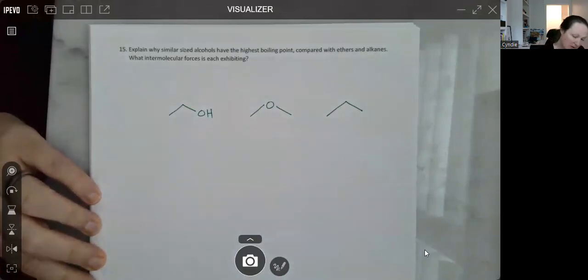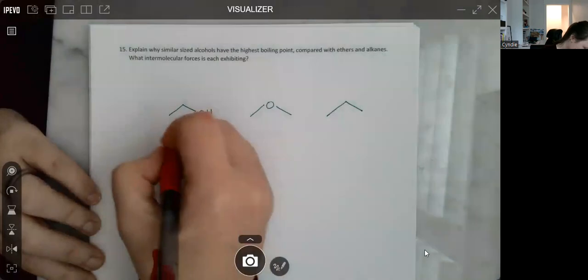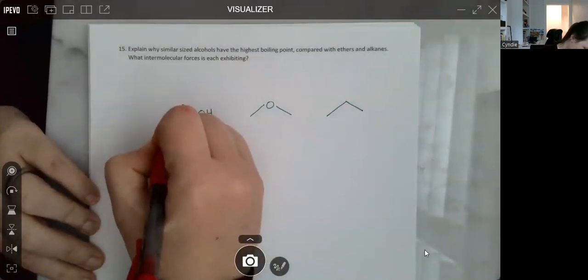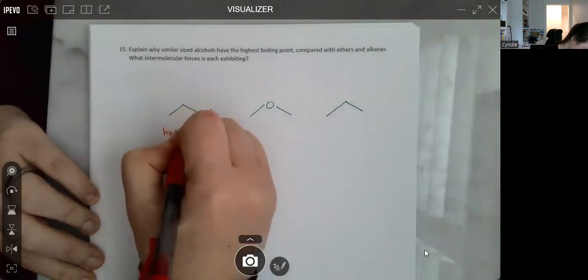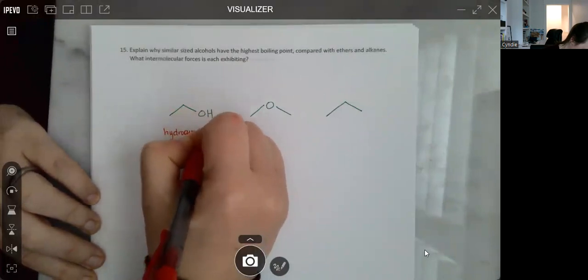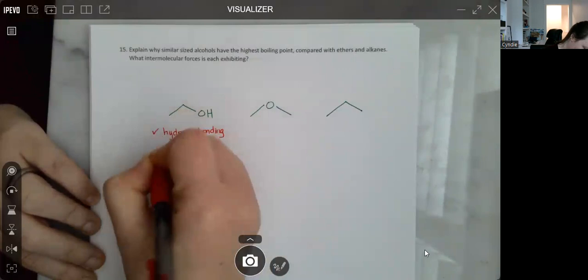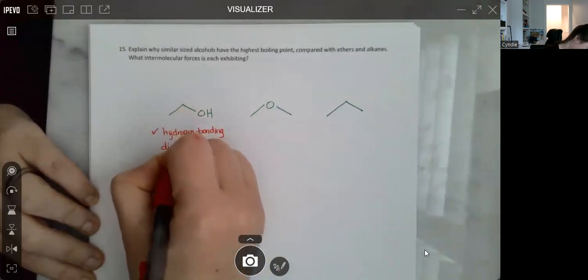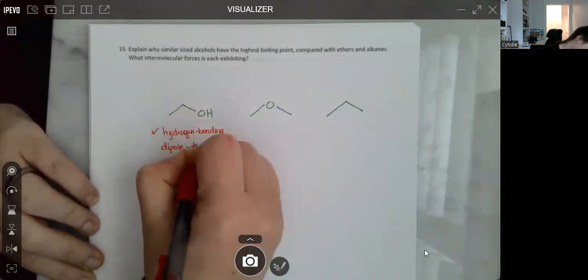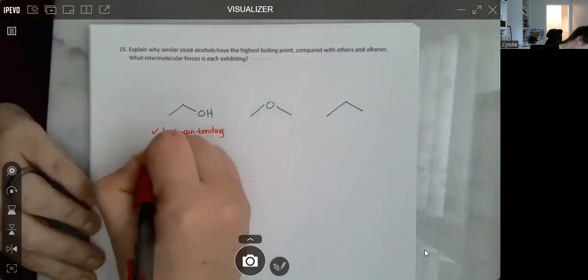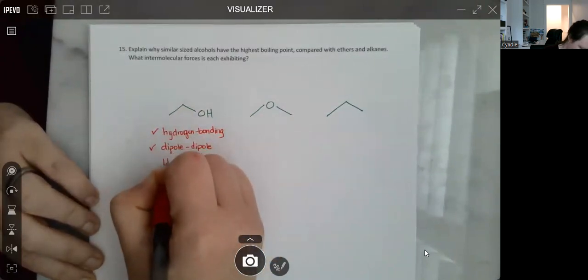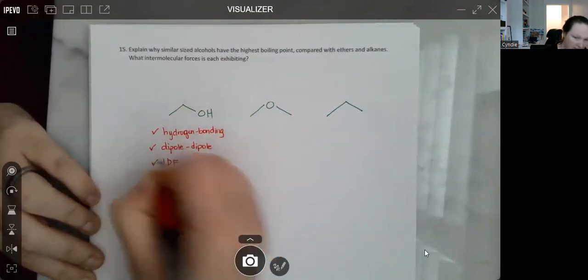Anywho, going back to intermolecular forces, we have hydrogen bonding. Right, we have dipole-dipole. And London dispersion forces, right?